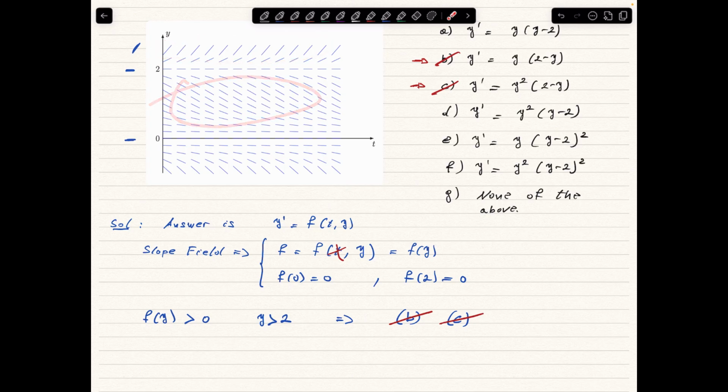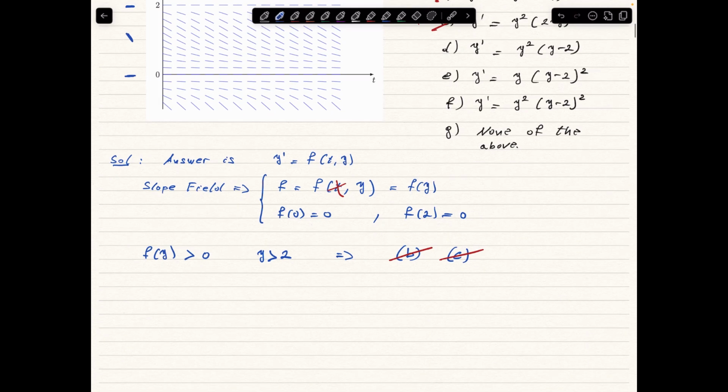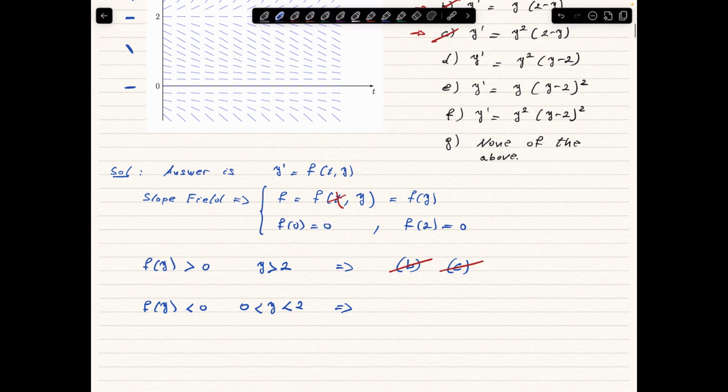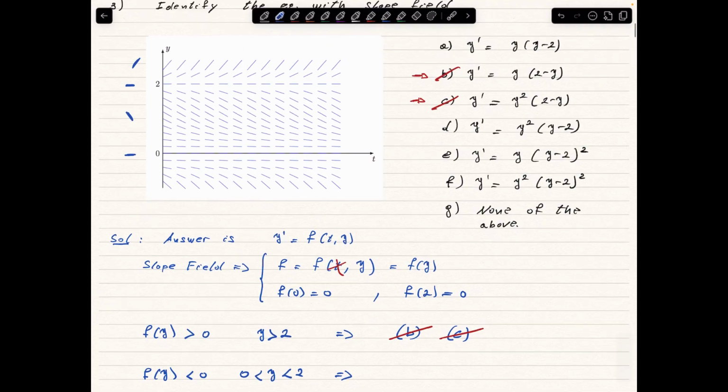What happens with the sign down here? Well, the sign here is negative in that interval. Okay, so let's write that down. F of y is negative for y in a particular interval, less than 2, bigger than 0. What does that imply? Well, let's take a look.